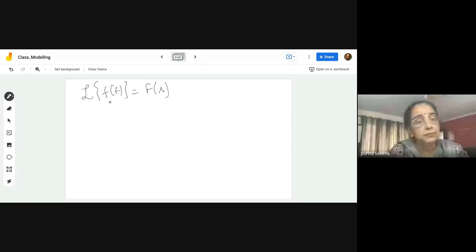Depending upon the specific nature of f of t, if f of t is a polynomial, or a trigonometric function, or an inverse function, we have certain standard rules, and we can directly use them. So what kind of F of s would be in that case? But how do we define this Laplace transform? How are we going to transform the given function?